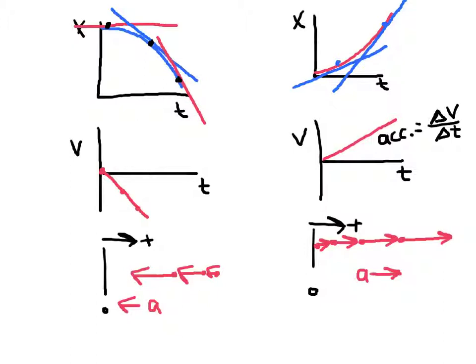And again, if we look at our motion map, we see that the velocity arrows are in the negative direction, and the acceleration arrow is in the negative direction. Therefore, the object is speeding up. Just like we had on this one, the velocity arrows were in the positive direction, acceleration in the positive direction, the object is then speeding up.